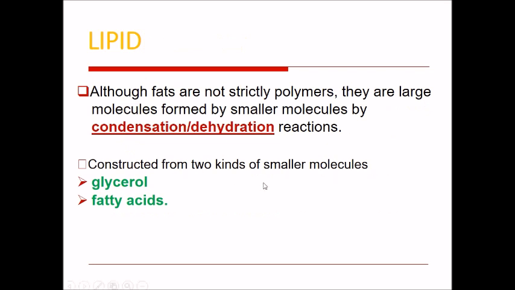So lipids, similar to carbohydrates, proteins, and nucleic acids, even though they are not polymers, can form very large molecules from small molecules through the process of condensation or dehydration, meaning by removing water to form a bond between the small molecules so that it can produce a large molecule.